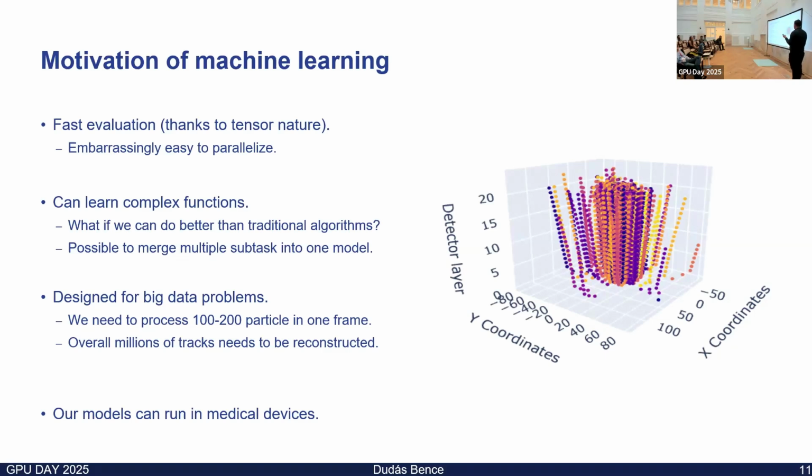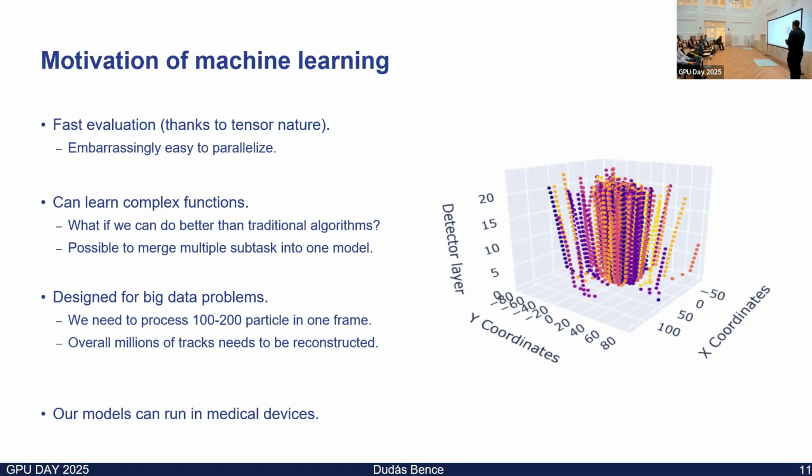Also, these can learn complex functions. And even though we can say that we can approximate some of these problems with traditional algorithms, the question is what if we don't want to use traditional algorithms and write many exceptions, because in particle tracking some exceptions and subtasks occur that we need to handle.